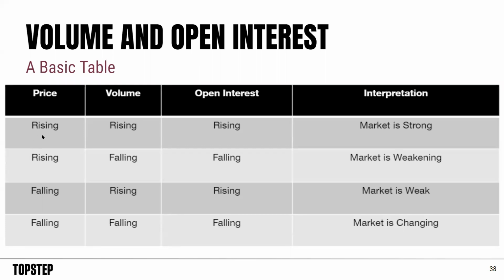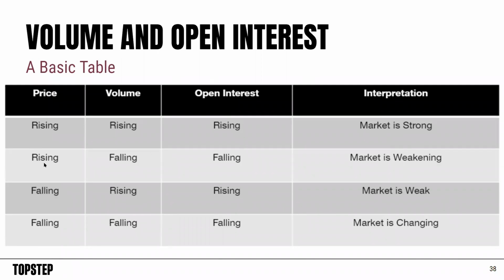So if you have price continuing to rise on increasing volume and increasing open interest, price is going higher, volume is increasing, there's more participation, and open interest is rising, we have more contracts being created at higher prices. The market is strong and likely to continue in that direction.